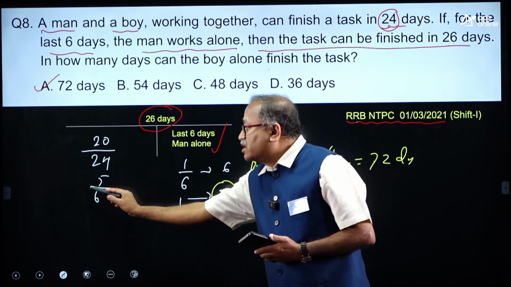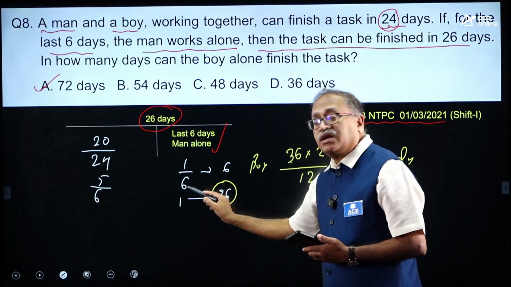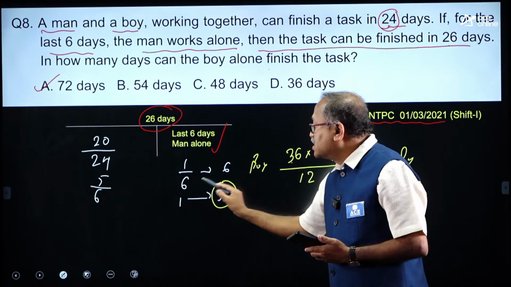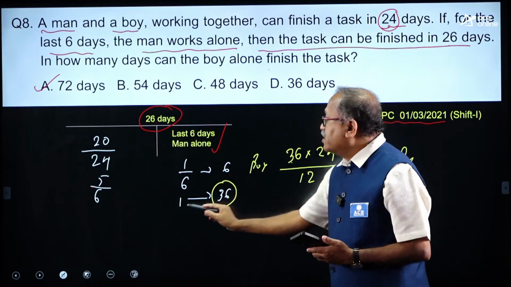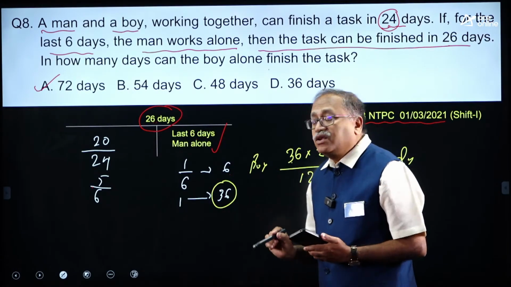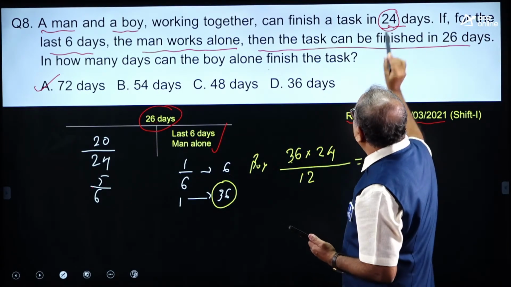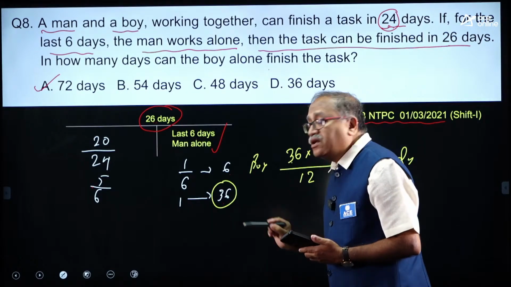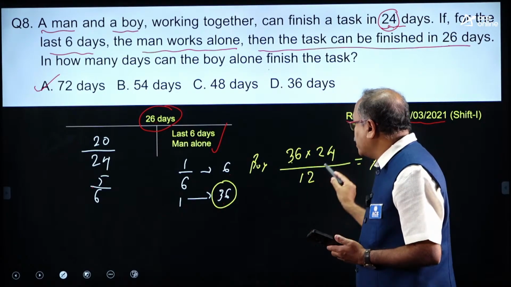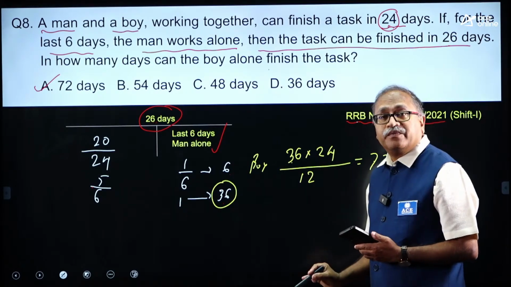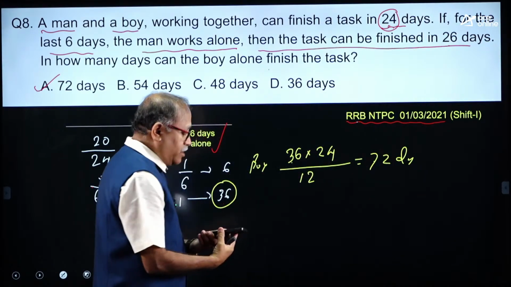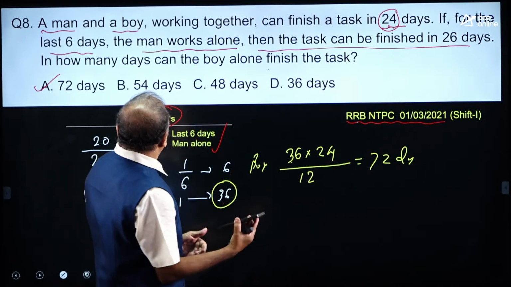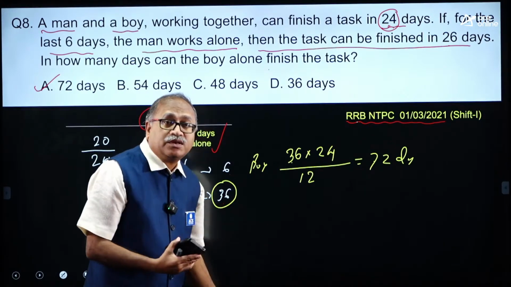The remaining work, 1 minus 5/6, that is 1/6, he completes in 6 days as given in the question. Then one work takes 36 days. Now I know that together they take 24 days and the man 36, then for the boy, this is the formula. Well done, well done. At least you understood how to answer this question.